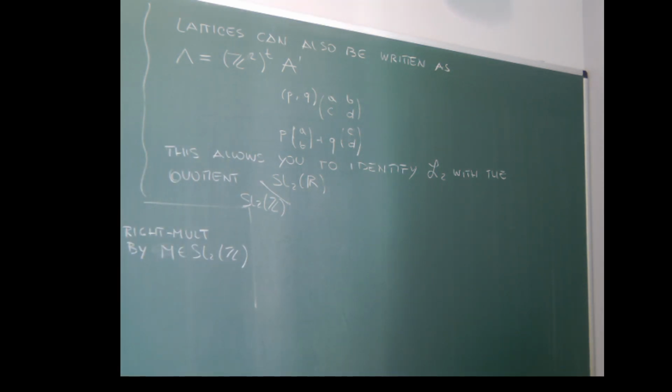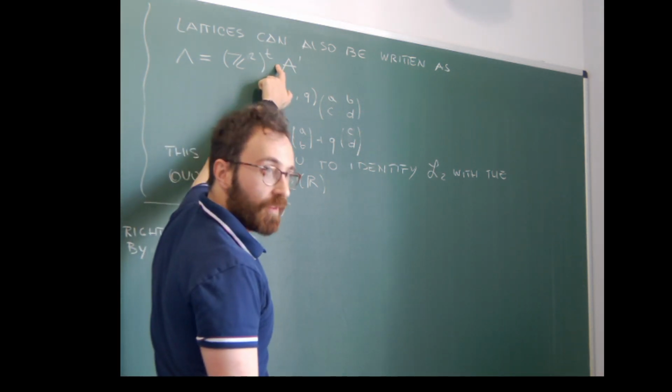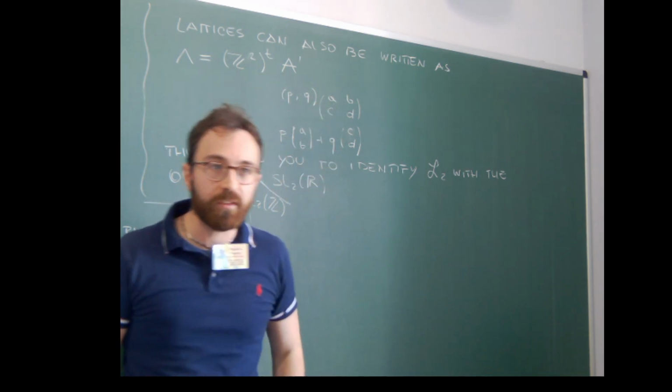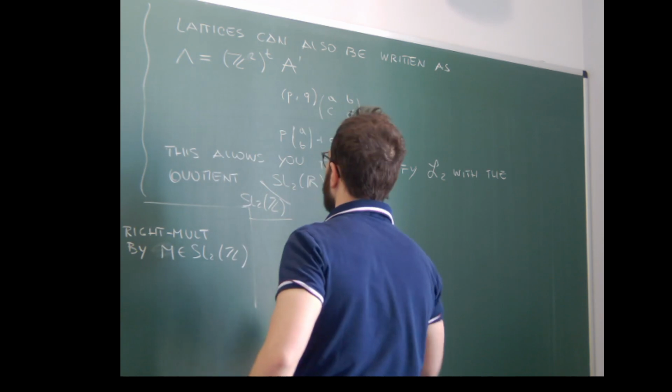Okay? And because clearly the stabilizer of a lattice will just be multiplication on the right by a matrix in SL2Z. Is this clear for everyone? Okay. Good. Okay, so then this means that we have a remark.